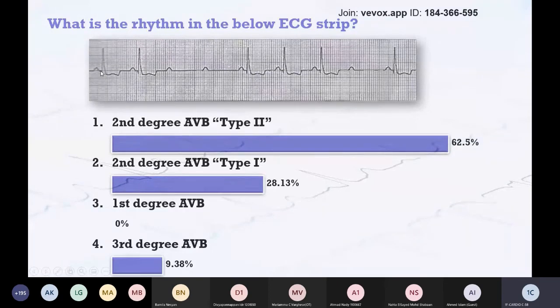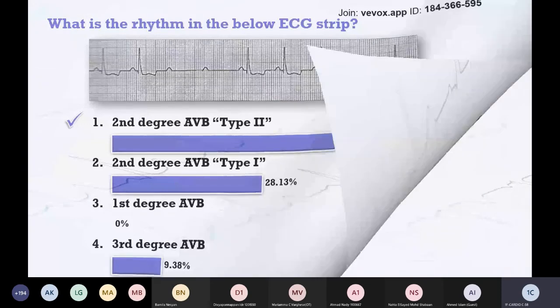We have the same PR interval here, the same as this one, and then a P wave without QRS. So as long as we don't have a gradual prolongation, this is not type 1. This should be type 2, and you have to take it more seriously, as I mentioned before. So the correct answer here is type 2, as you said.